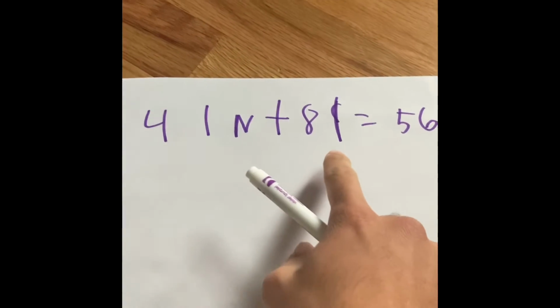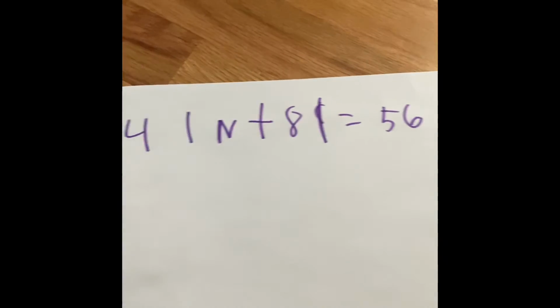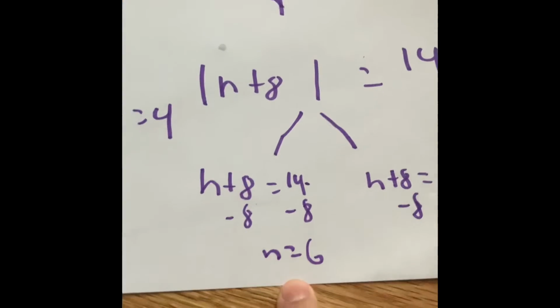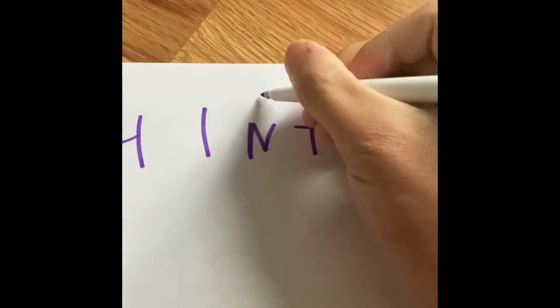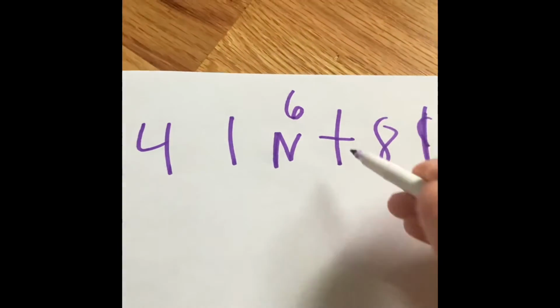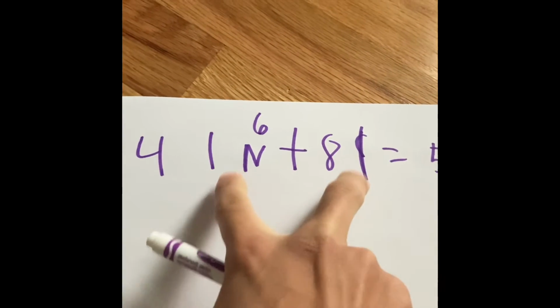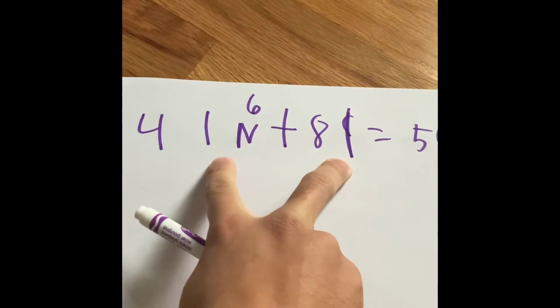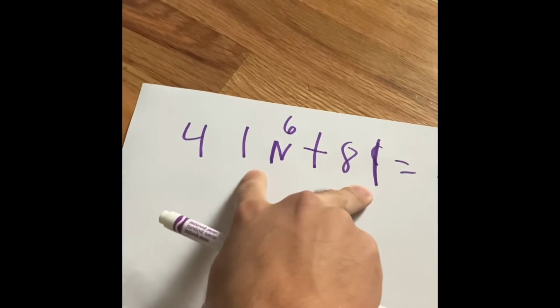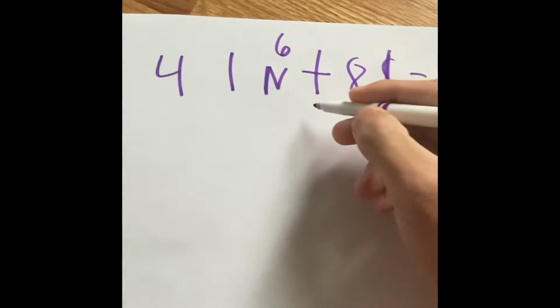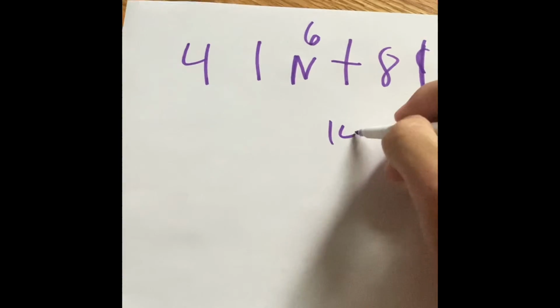So here we have the equation. Let's use our first answer and insert 6 for m into this equation. We do 6 plus 8 first because it's between the two bars and we're using order of operations. So 6 plus 8 is 14.